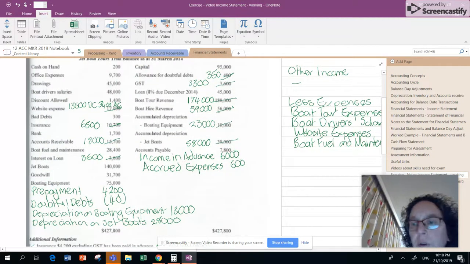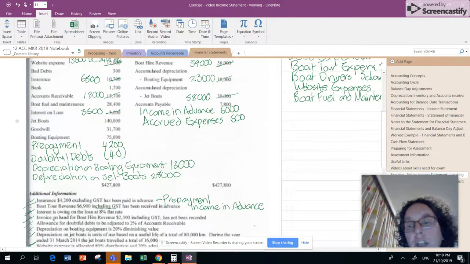Interest on loan is going to go into finance. Jet boats is a fixed asset. Goodwill is an intangible asset. Boating equipment is a fixed asset. We've got prepayments, which is a current asset. Doubtful debts we're going to do under administrative.